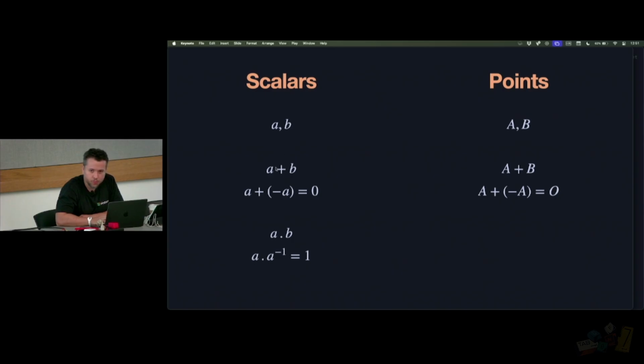And you can do pretty much what you expect with integers. You can sum them. You have this notion of a zero, which is the neutral element. You have the additive inverses. And you can also multiply them. And you also have this notion of an identity for multiplication and a multiplicative inverse.